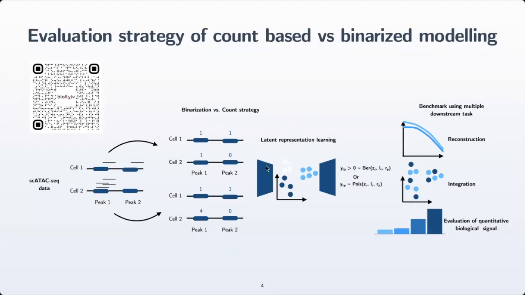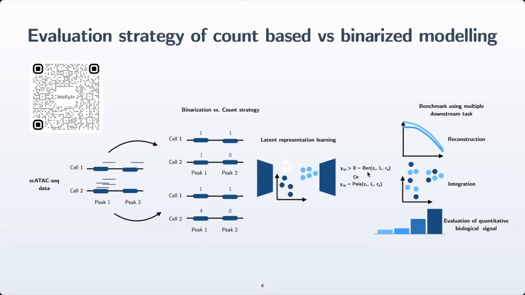So the way we performed this is that we took our cell times peak matrix, either the binarized version or the non-binarized version, and we employed latent representation learning. In this concrete case, this was a variational autoencoder, and then we modeled the data in the binary case as a Bernoulli distribution of the latent dimension ZC here, the overall count, the LC, and then some bias factor for each region.